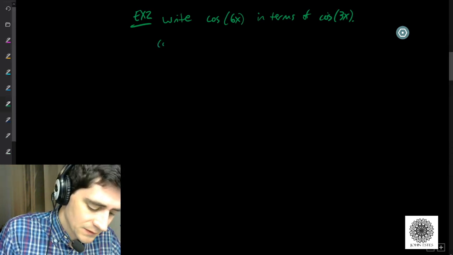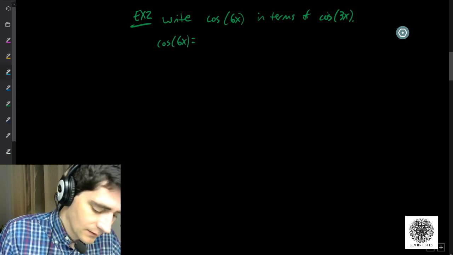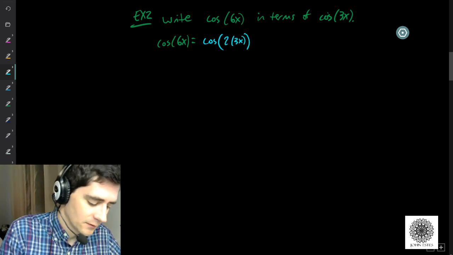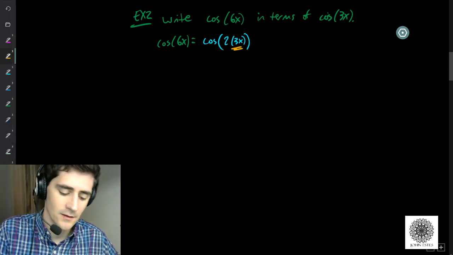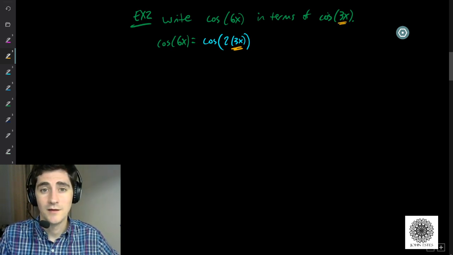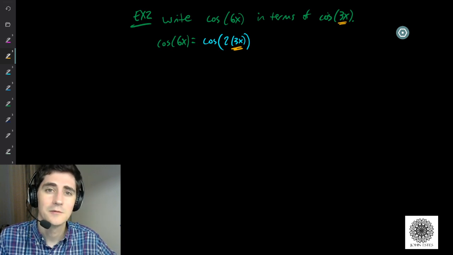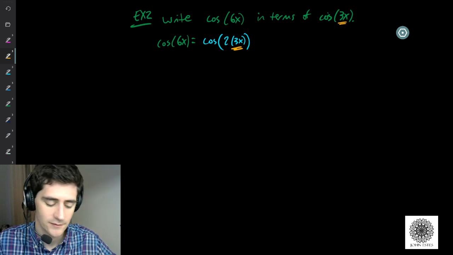So I start out with cosine 6x, and I recognize that this is cosine 2 times 3x. So 3x actually is playing the role of theta here, which makes sense then how we're going to have an expression of cosine 3x. Does that make sense? 6x is the double angle of 3x.